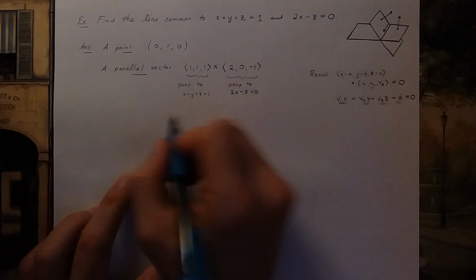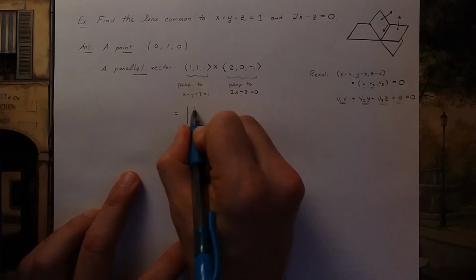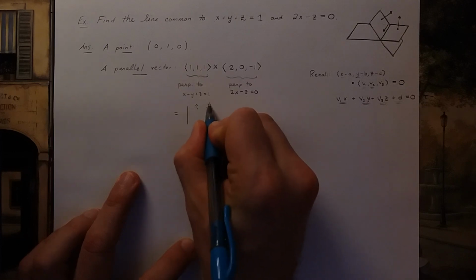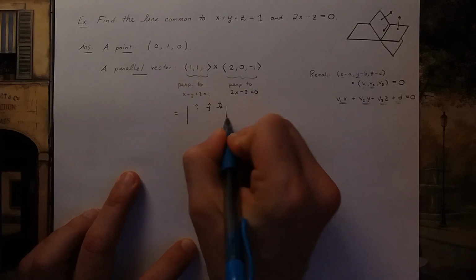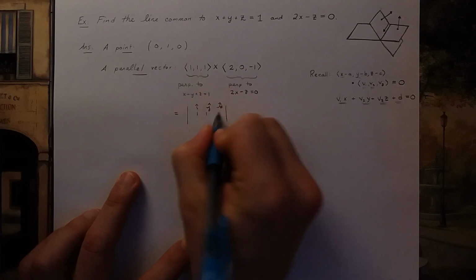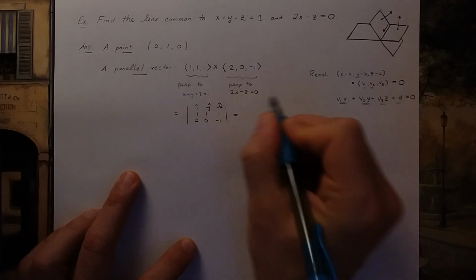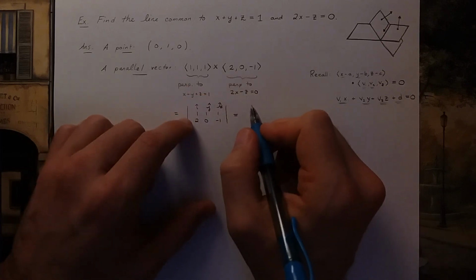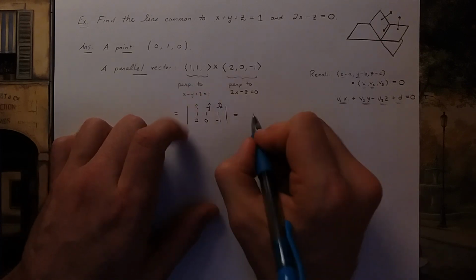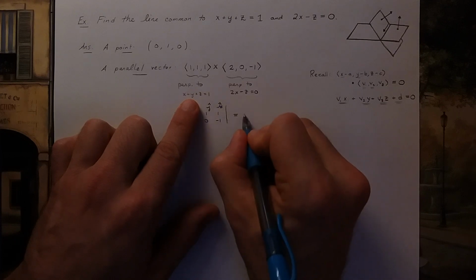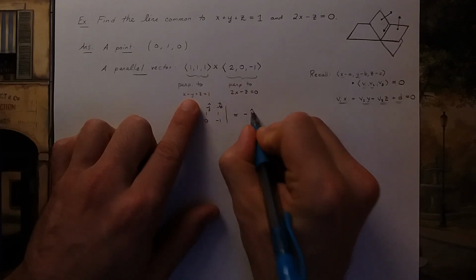Okay, so now I'll take the cross product. You calculate the cross product in this way, i, j, k hat. The first vector is 1, 1, 1. The second vector is 2, 0, negative 1. So calculating the cross product, the coefficient in front of i hat looks to be negative 1. So I have negative i hat.